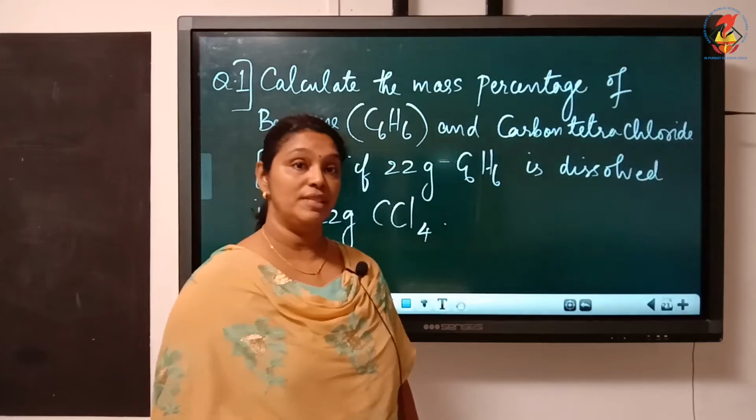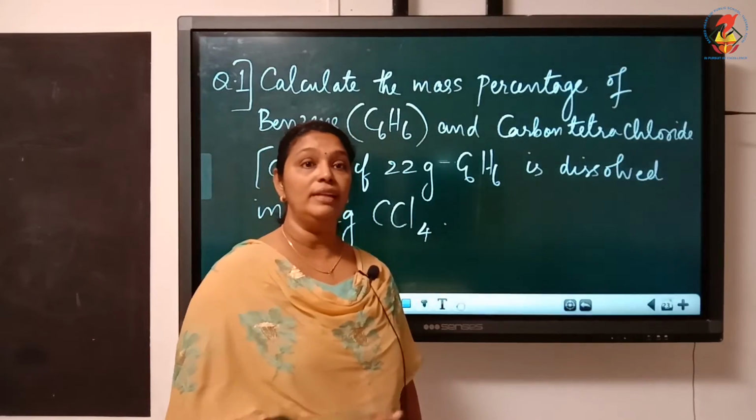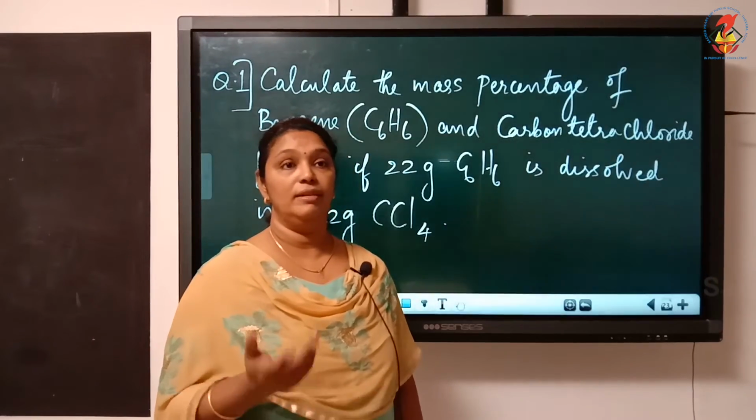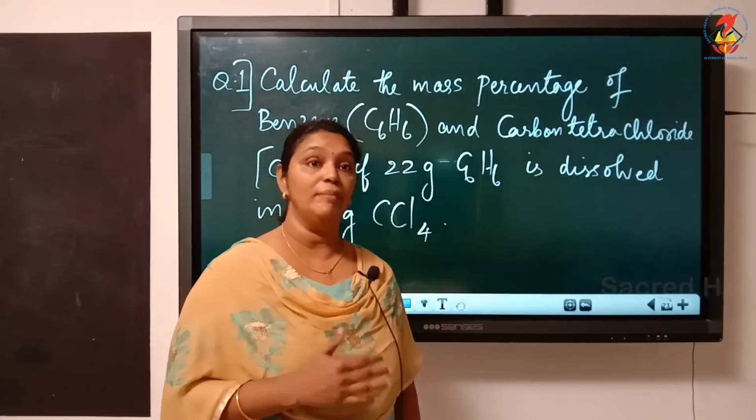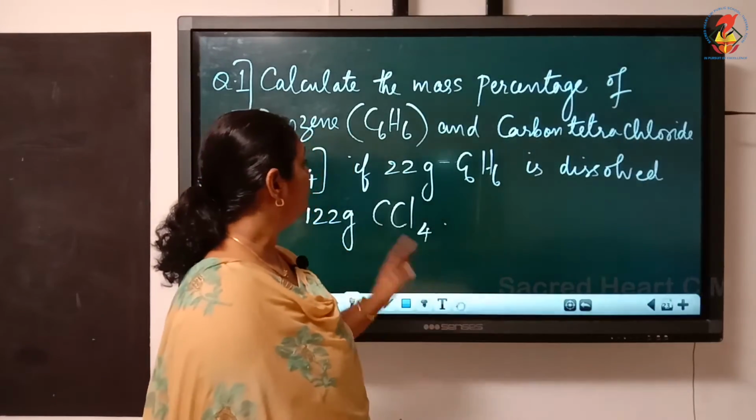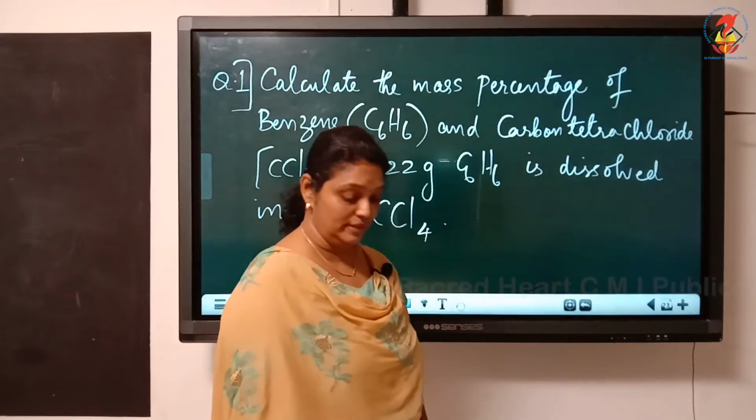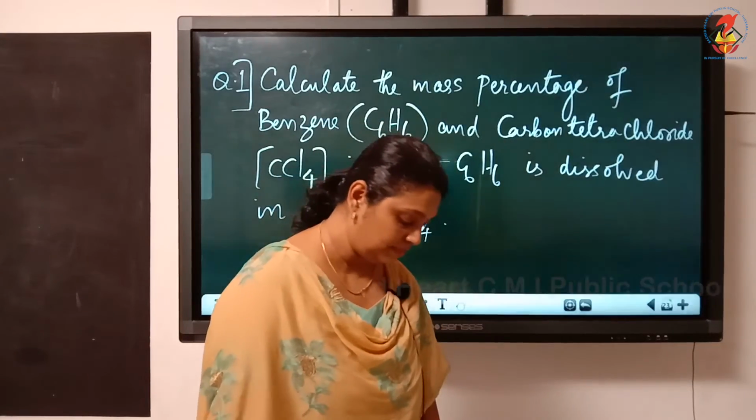And if you know the mass percentage of one component, the other component you can find by subtracting it from 100. So I am going to find the mass percentage of benzene first.